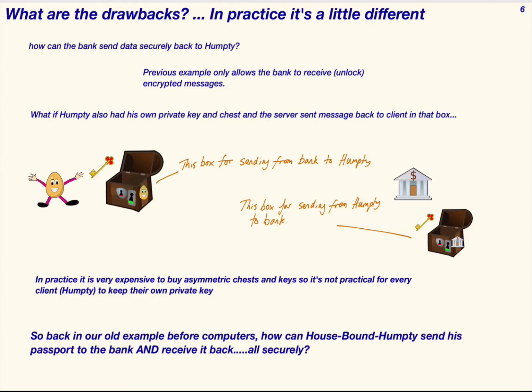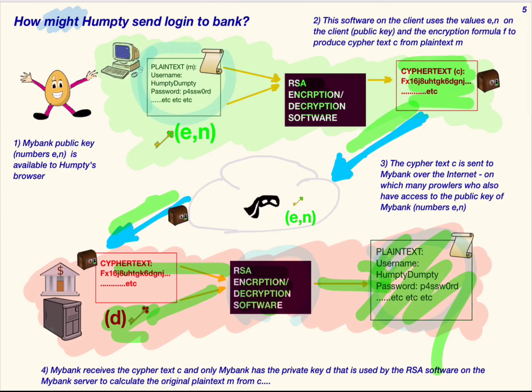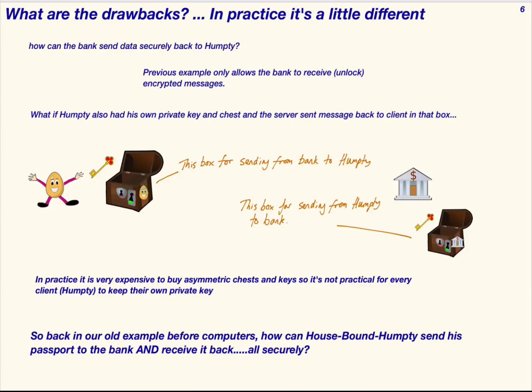Now, what are the drawbacks of having a situation where the bank has a private key that they keep for themselves, and Humpty Dumpty and everyone else has a copy of the public key for that bank? Well, the main disadvantage is that it only allows the traffic to be in one direction.